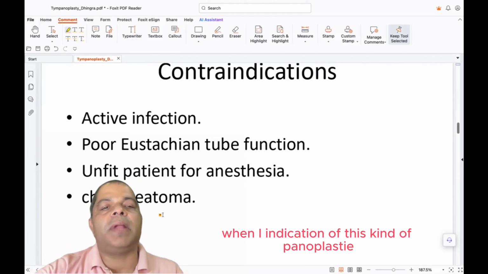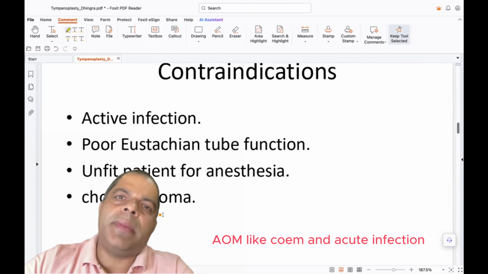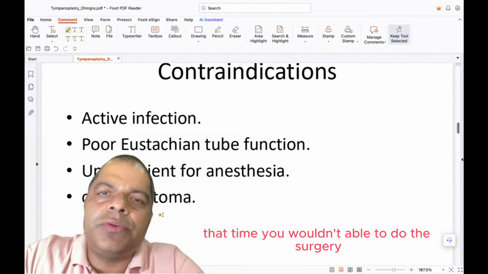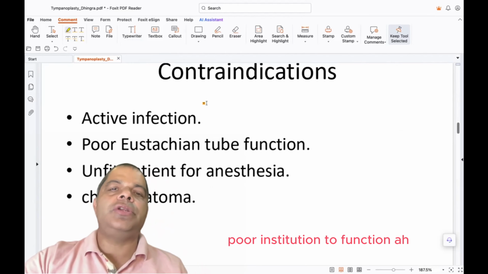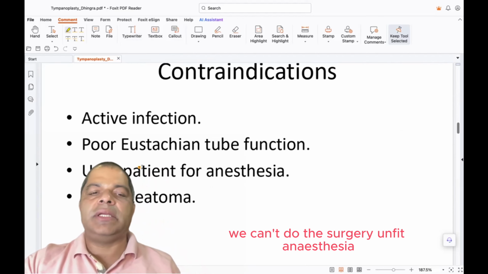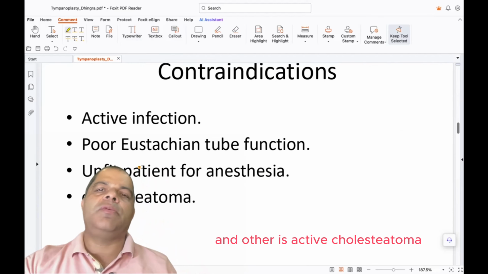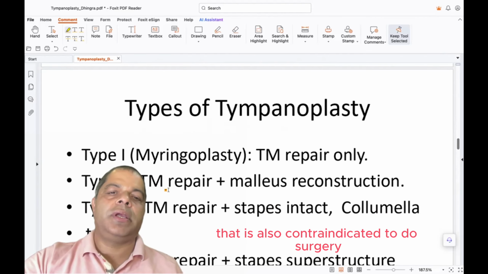Contraindications of tympanoplasty: acute infection, like acute on chronic otitis media, you are not able to do the surgery. Other is poor eustachian tube function, we can't do the surgery. Unfit for anesthesia, and active cholesteatoma is also a contraindication to surgery.